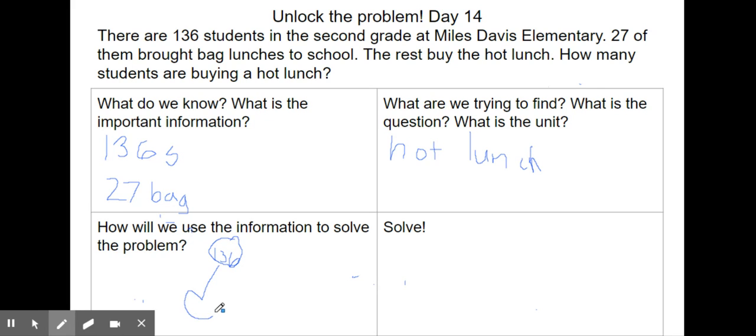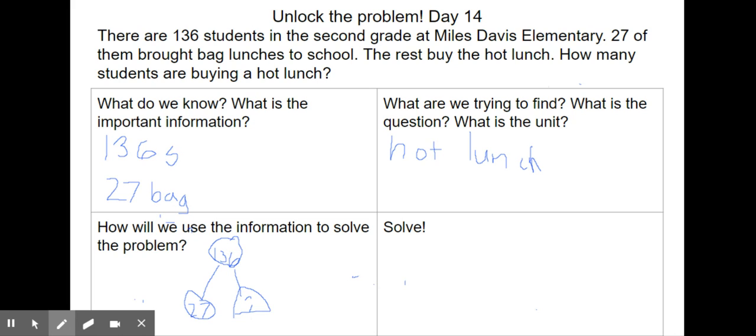And I know that 27 of them brought bag lunches. But I don't know how many bought hot lunches. Am I missing a part or a whole? If you said I'm missing a part, you're right. When we are missing a part, do we add or do we subtract?